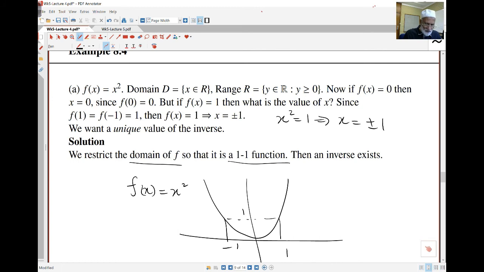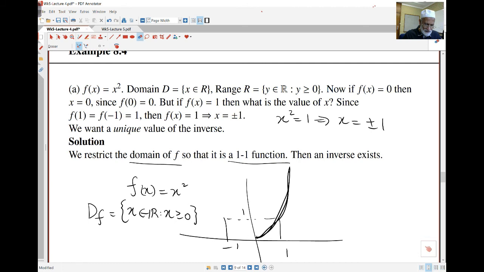If I restrict my domain here, so that the domain of f is x in R such that x is bigger than or equal to 0, then all I have is this part left, and I wipe off this part here. Now this is a one-to-one function. For every value of x, I get one value of y, and a value of y corresponds to only one value of x.